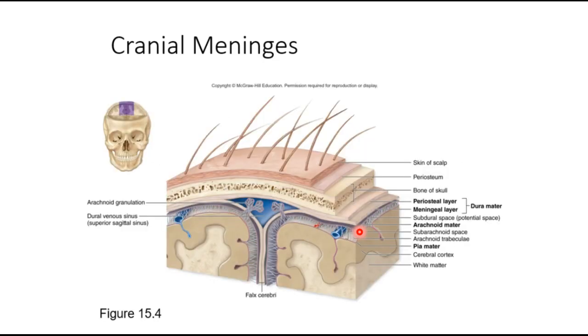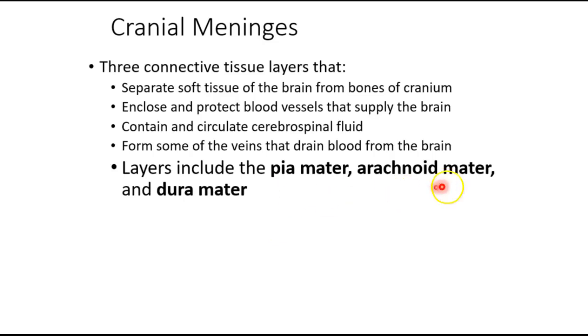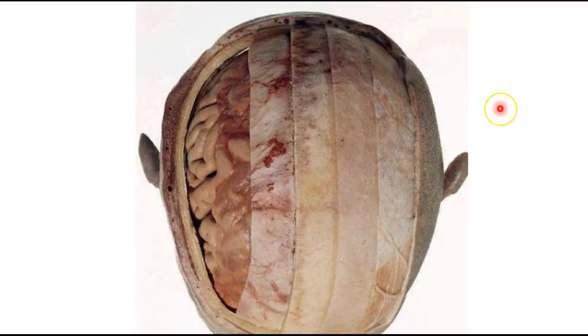Now they do, again, go in a specific order, dura, arachnoid, pia, and I think of a dapper gentleman doffing his hat, DAP, dapper. It works for my head. And here's a beautiful dissection showing you all of these layers: skin, periosteum, bone, periosteum, dura, arachnoid, pia.